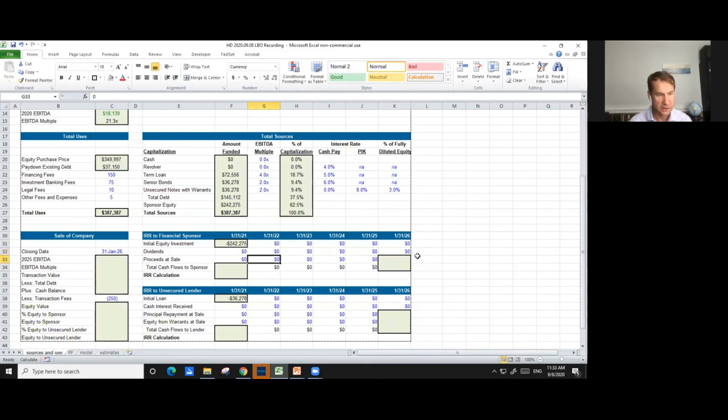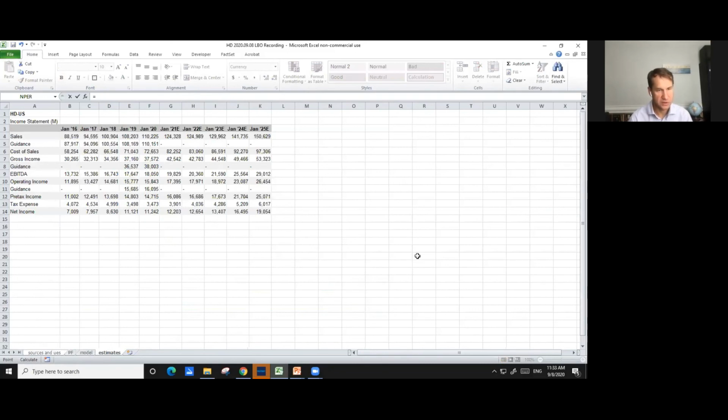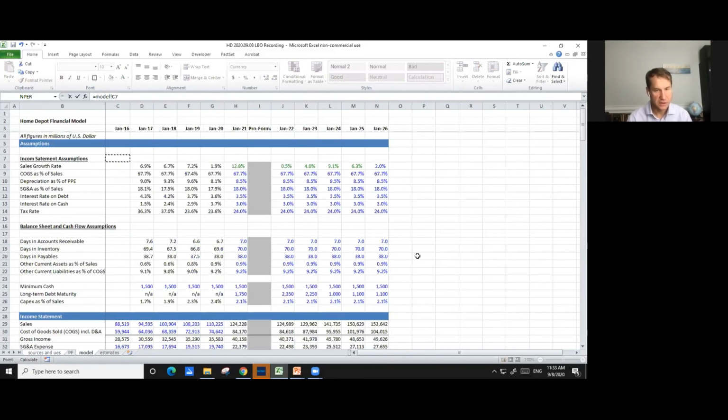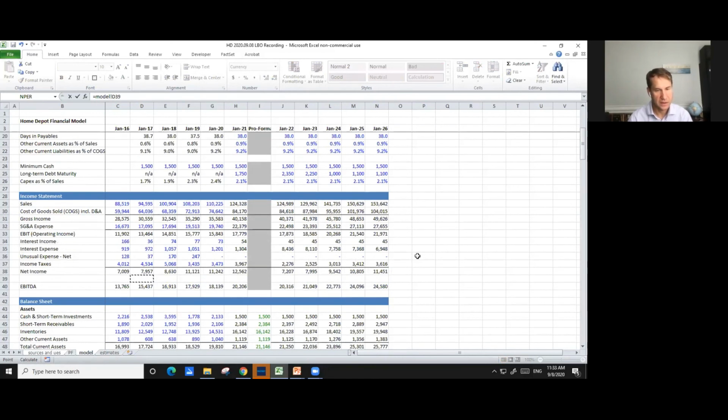Proceeds from sale, let's populate it here on the left. I see the initial loan is also clear. Okay. So EBITDA in 2025, that should be the last year in our forecast. That's 24 billion.